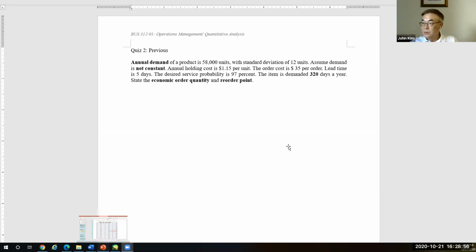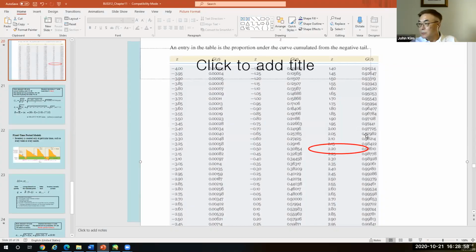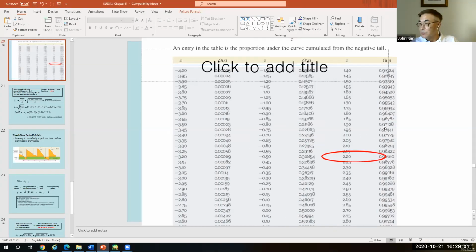So between 0.97 and 0.9678 for this one, 0.97128 is the closest one to 0.97. So this z-score is 1.9. All right, I found it. Thank you. Okay, good.